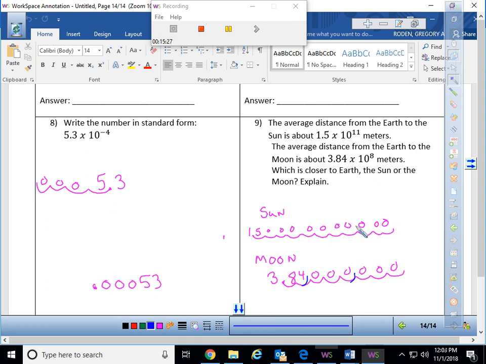So this is 1, so hundreds, thousands, millions, billions, and the sun is approximately 150 billion units away from the Earth. So it's obviously going to be the sun, and the explanation would be this number right here is much larger than this number right here.